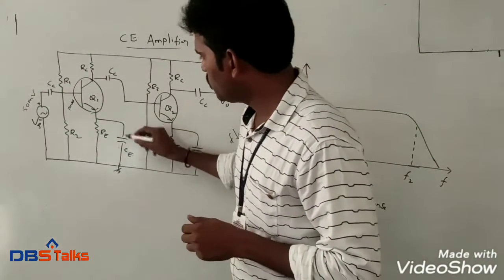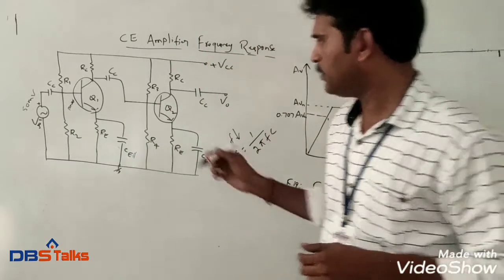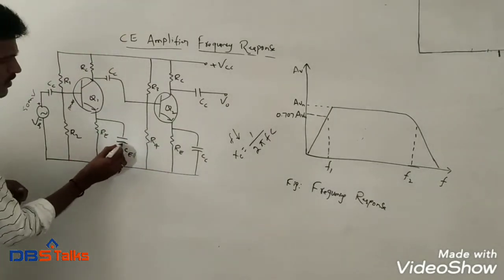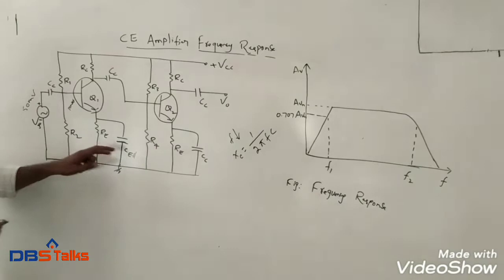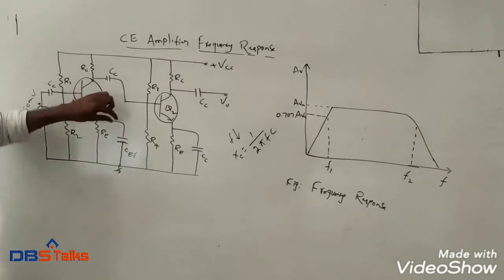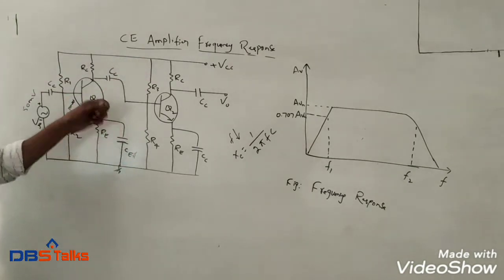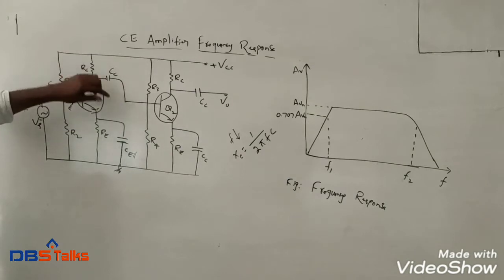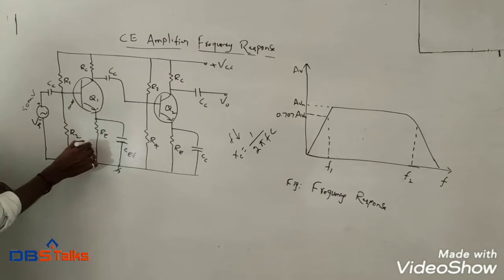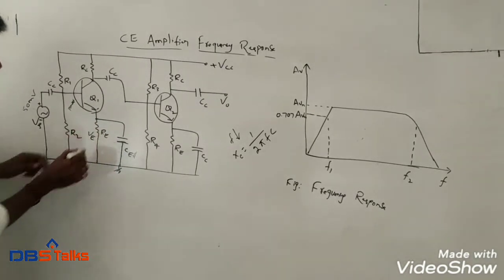Second, due to CE also, the gain decreases at low frequencies. It is an emitter capacitor or bypass capacitor. If the reactance of this capacitor is high, then the AC signal flows through RE, right? So some voltage is developed across RE.